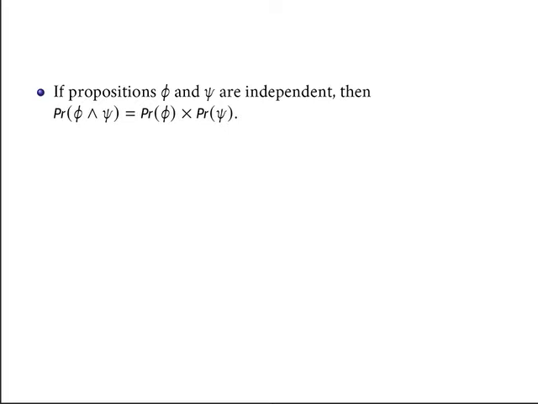So, the rule for multiplying probabilities is that if you have two propositions, phi and psi, which are independent, then the probability of phi and psi equals the probability of phi times the probability of psi. So when you know that the two conjuncts are independent of one another, then you can calculate the probability of their conjunction by simply multiplying their individual probabilities.